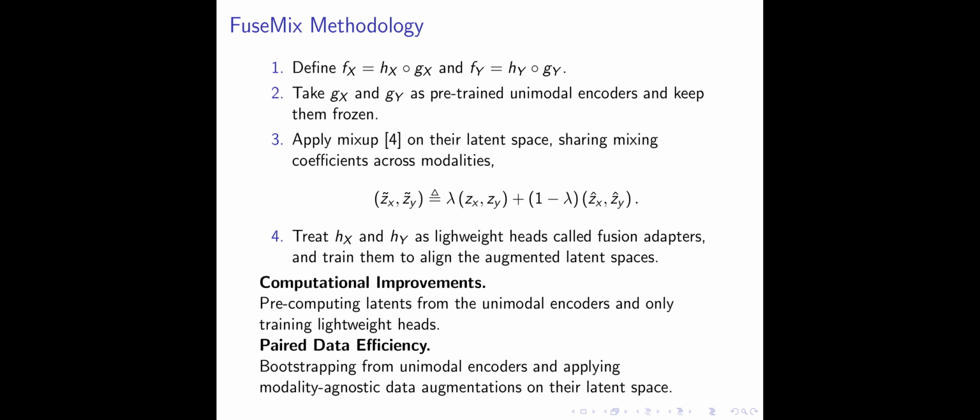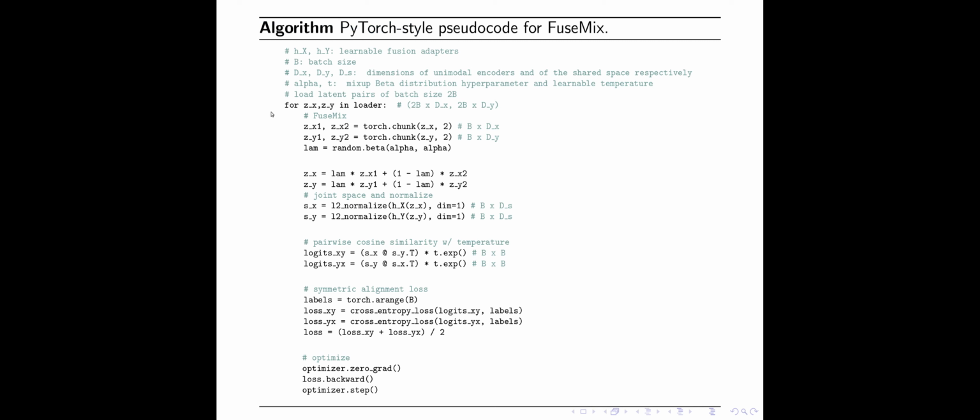We take existing multimodal latent pairs from unimodal encoders and construct augmentations as random convex combinations while sharing mixing coefficients across modalities. Here we show PyTorch style pseudocode for training our FuseMix method. Our framework can be easily implemented in just a few lines of code as shown.